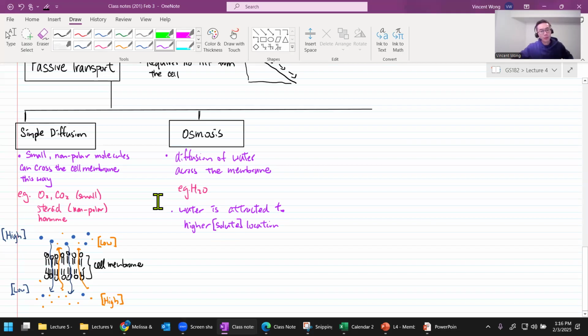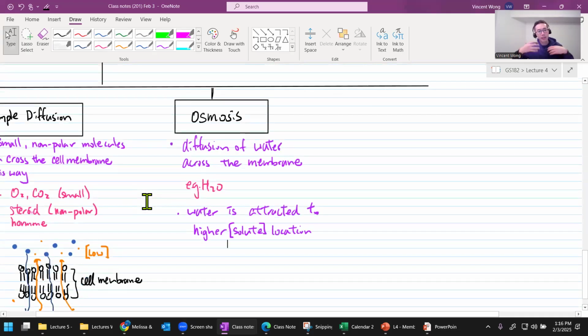It will go towards the end that has more salt. I keep on saying salt because it's easier for you to relate, but it's not just salt, right? It's stuff that is dissolved in water. So whichever location has more stuff dissolved in it, water is going to be attracted to it.